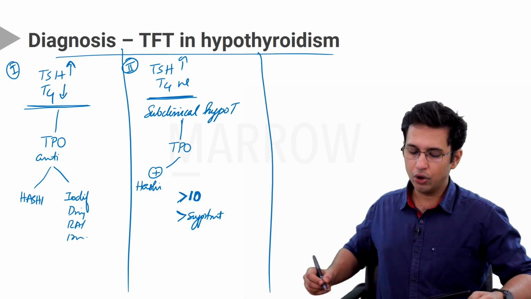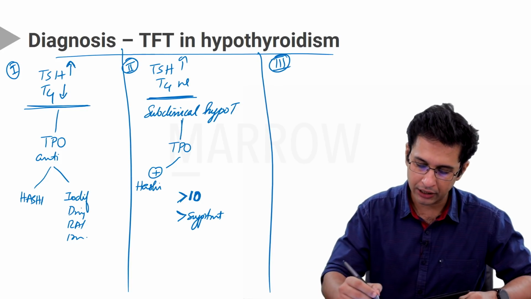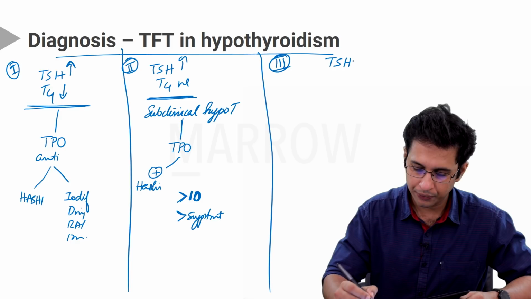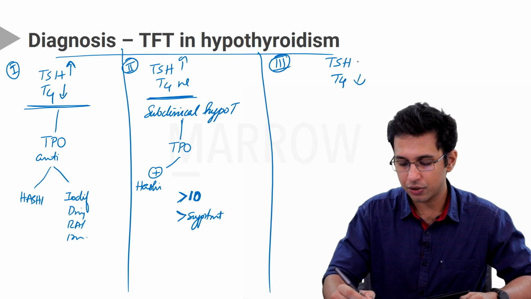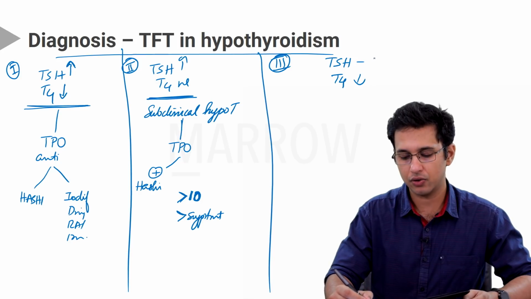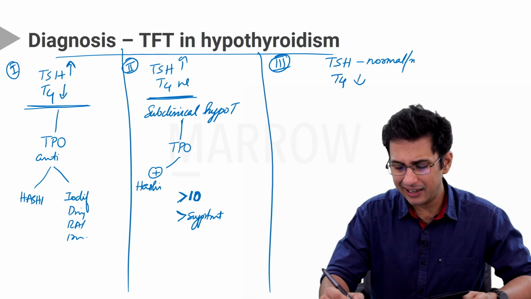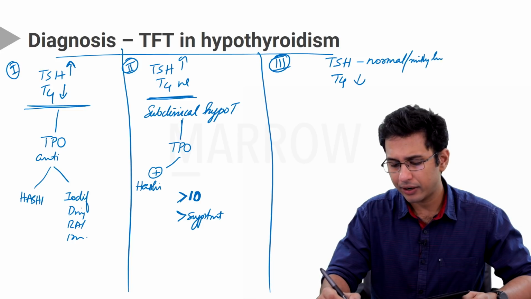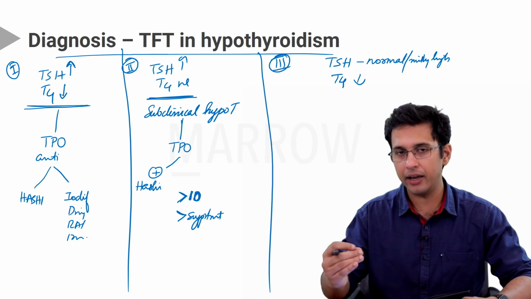Now third, what is the third combination? The T4 is low. You expect TSH to be high, but it is not high. It is normal, or mildly high. What did I tell you right now? TSH is very sensitive. If there is a low T4, TSH will be high.